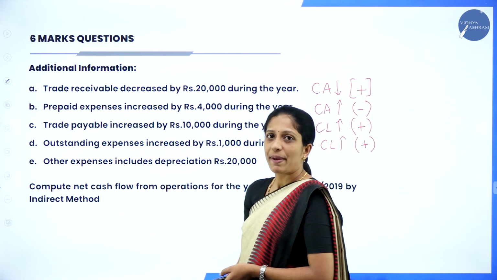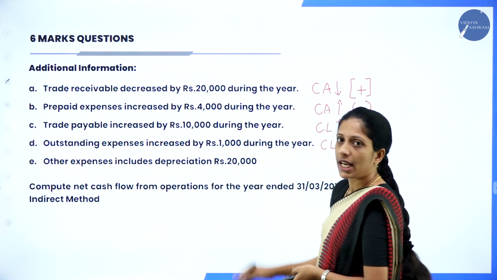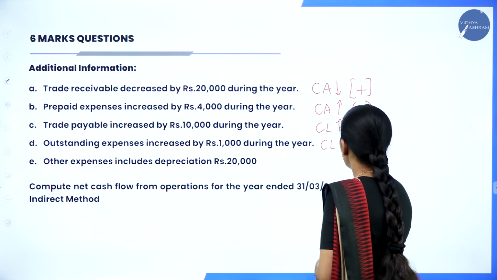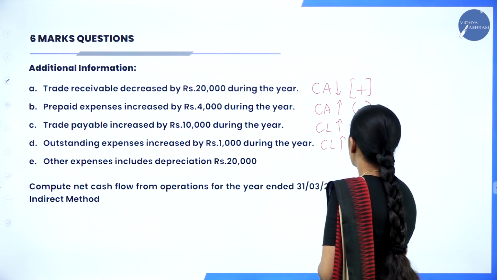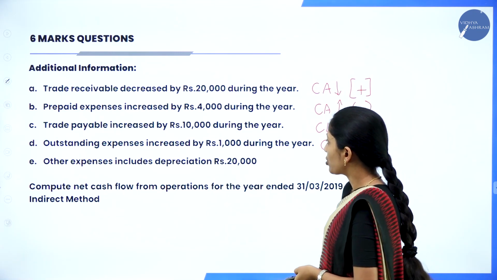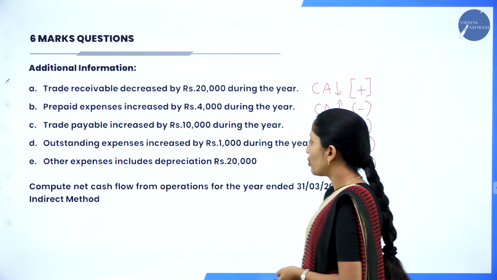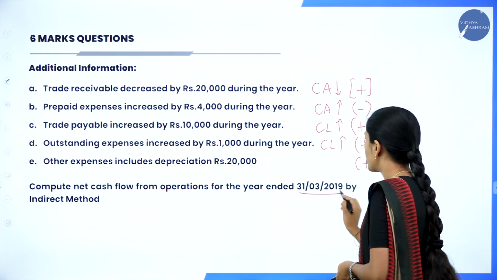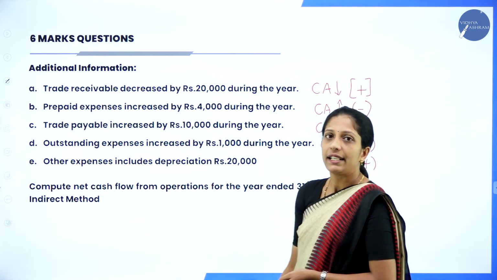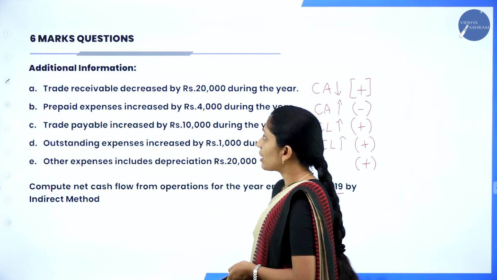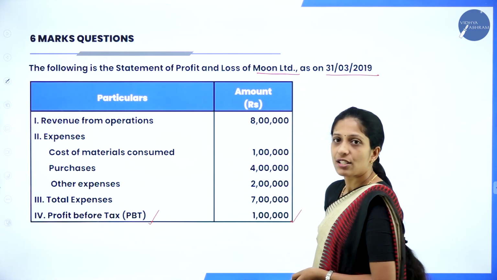Next, other expenses include depreciation. So depreciation, you have to add depreciation. Correct? Depreciation 20,000. Compute net cash flow from operations for the year ended 31st March 2019 by the indirect method. So how do you start? The name of the company is Moon Limited.